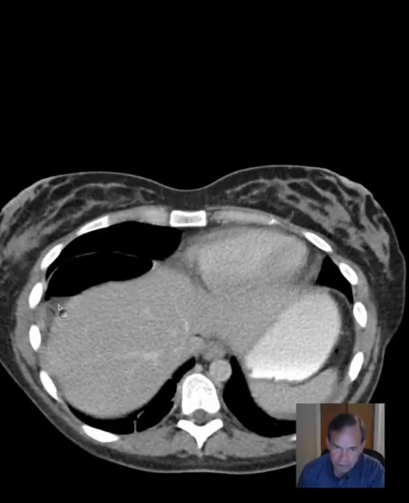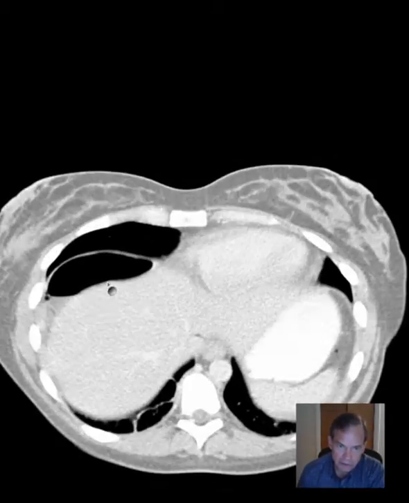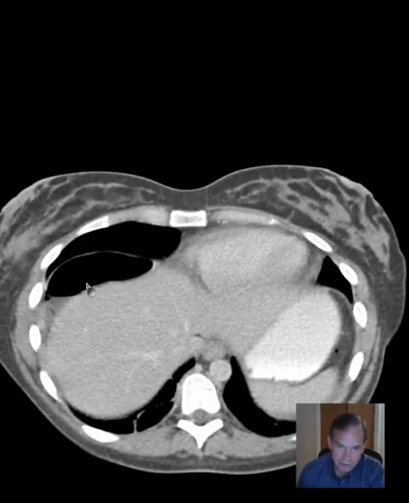And then we have fluid overlying the dome of the liver, fluid right here, and air here, and that is air beneath the right hemidiaphragm. So this is some free air.